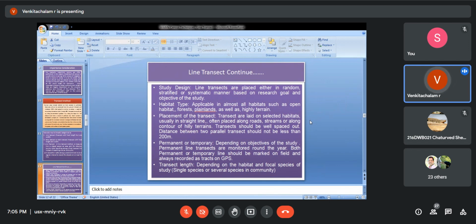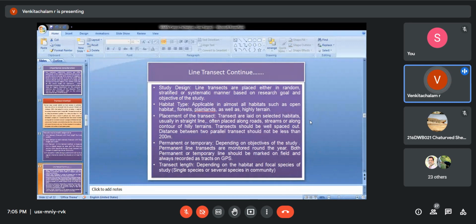Permanent line transects are monitored around the year. Both permanent and temporary lines should be marked on the field, and they may always be recorded as tracks on GPS. The GPS point is very, very important to know about the transects. In future, new people may be going to the field to get all the information, and for them it is very important to get the GPS locations of the particular transect.